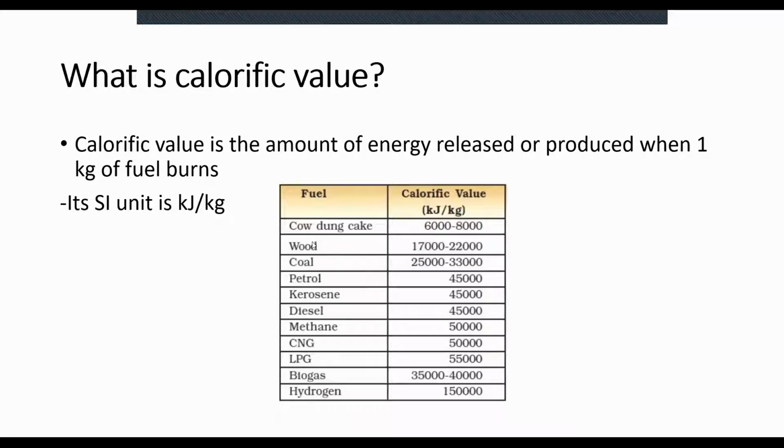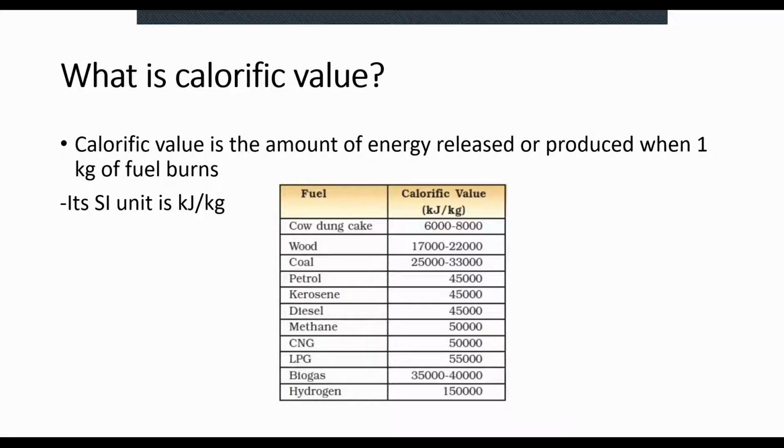So we get approximately between 17,000 and 22,000 kilojoule of heat energy. That energy is inside the wood as chemical energy. The wood contains that energy as chemical energy, and when we burn it, it is converted into heat energy.